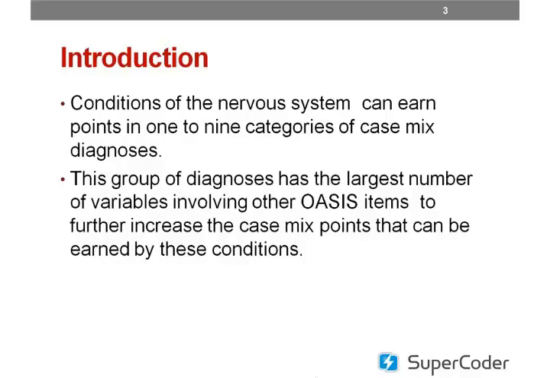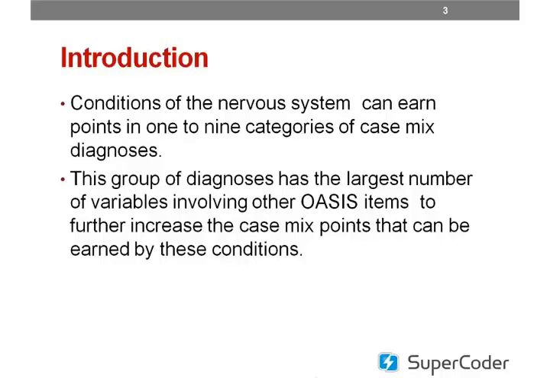This group of diagnosis has the largest number of variables involving other OASIS items to further increase the case mix points that can be earned by these conditions. And that's the situation of the synergistic relationships between a diagnosis and perhaps another OASIS clinical or an OASIS functional item. So we're going to be looking at some of those interactions because they are so key related to the Neuro 1 codes in particular.